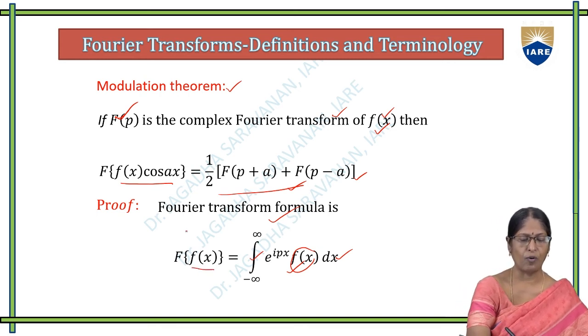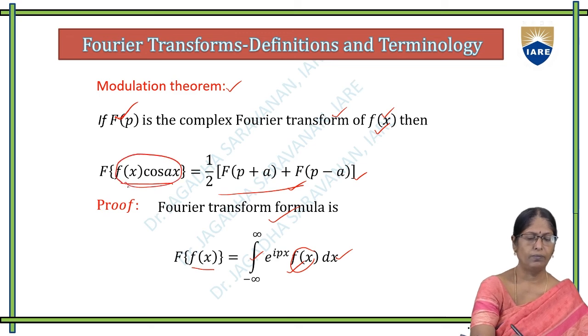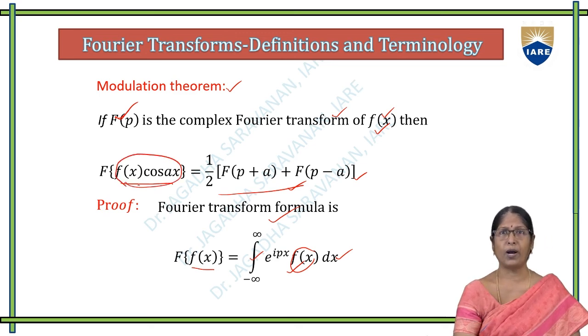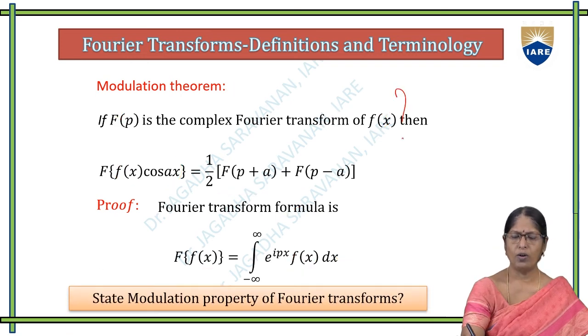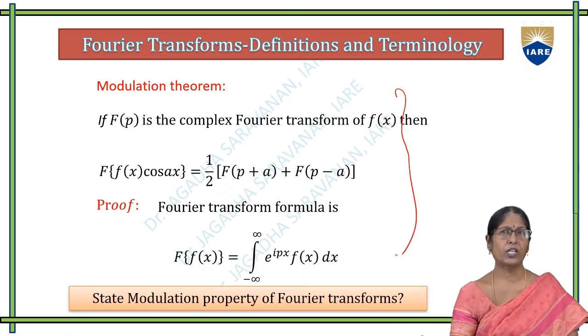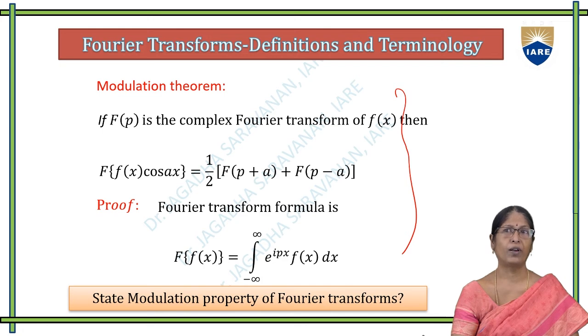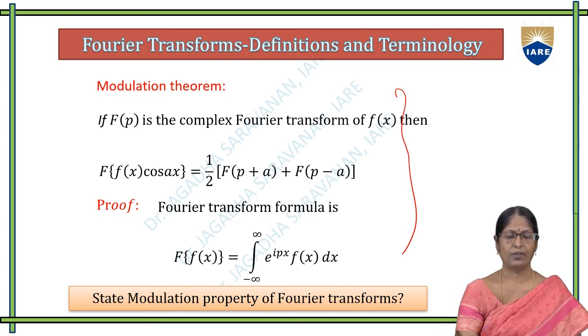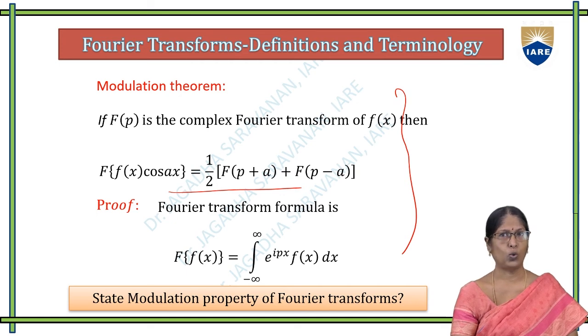But our f of x is replaced by f of x cos ax. So what question can we expect from this particular slide? State the modulation property of Fourier transforms. Quickly we can reproduce it. We can write it well.